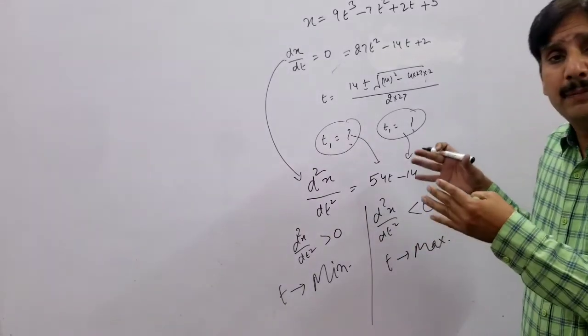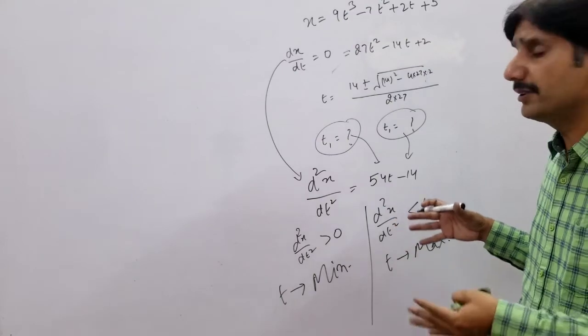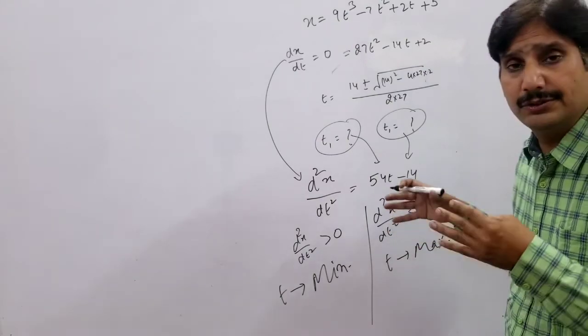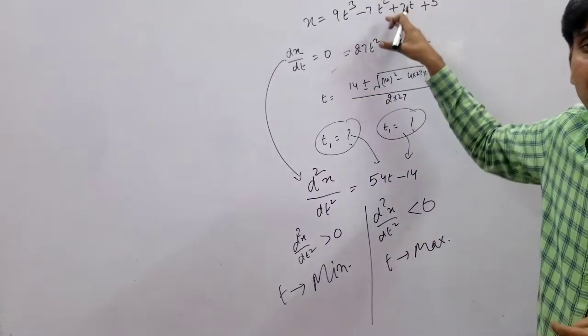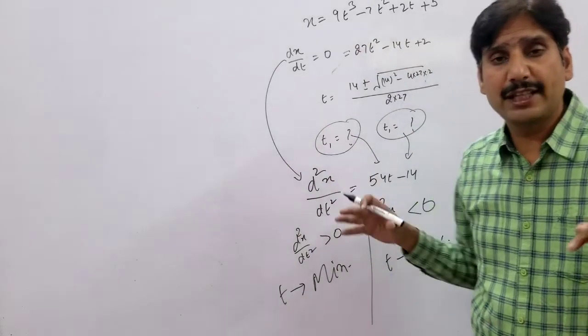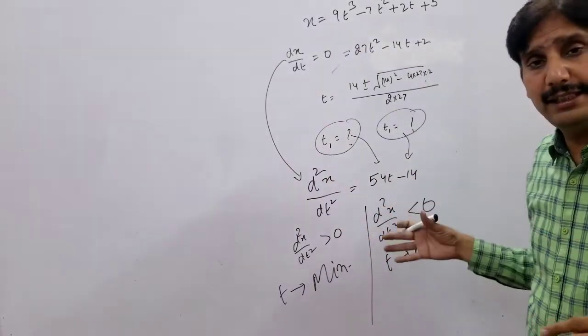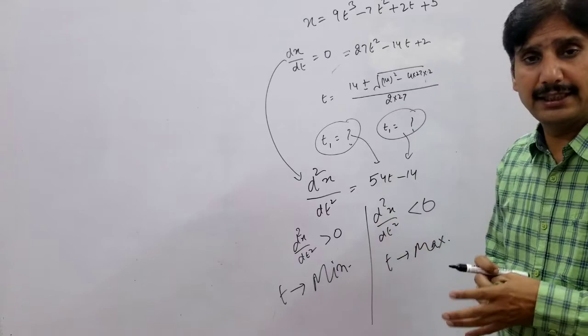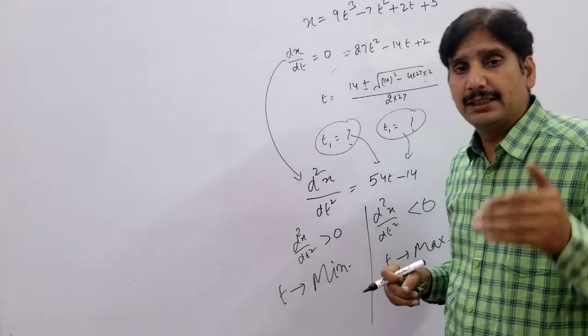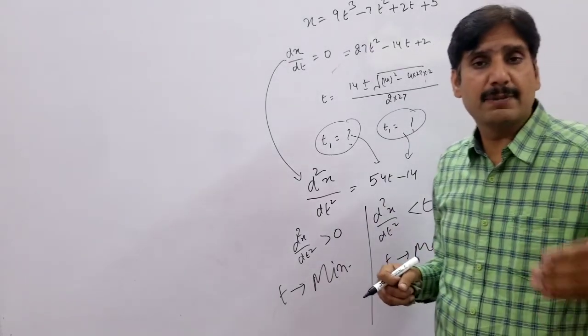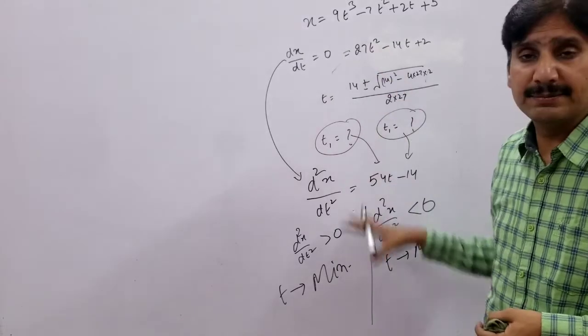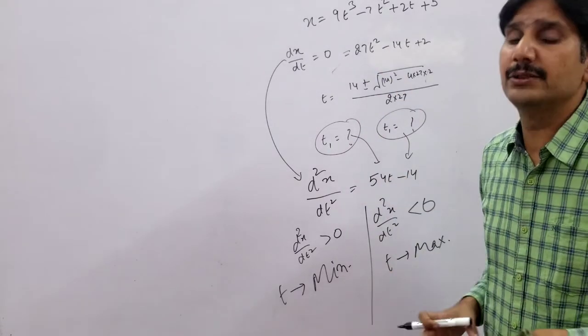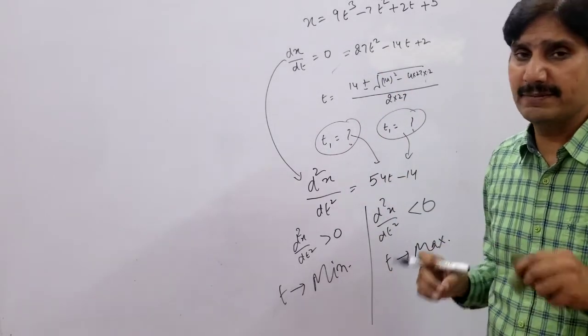So the mathematics plays an important role, because we don't have to draw the curves, we don't have to put in the values infinite number of times. A very concrete mathematical method can tell you how and when a function becomes maximum or minimum. This is something which we repeatedly use in physics and is of extreme importance.